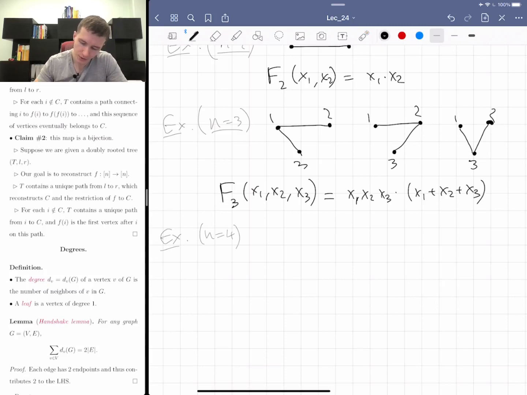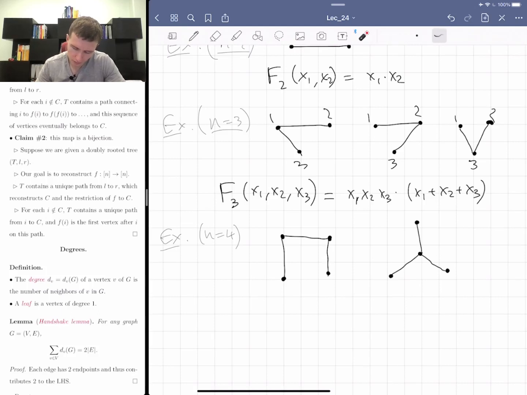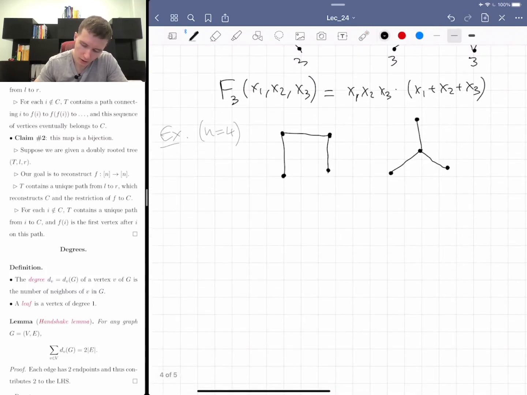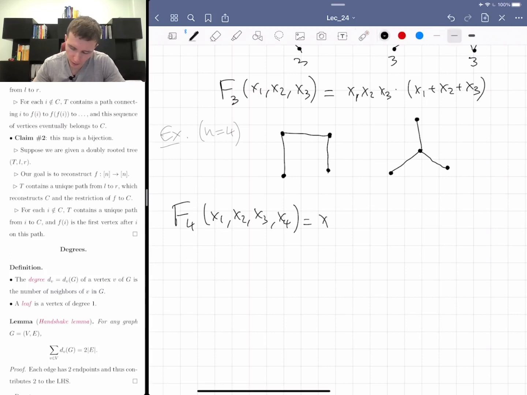And so there were 2 types of trees. One that looks like a path and another one that looks like a star. I'm going to try to write down f sub 4 of x1, x2, x3, x4, and here is the clever way to do this. First of all, it's going to be divisible by x1 x2 x3 x4.